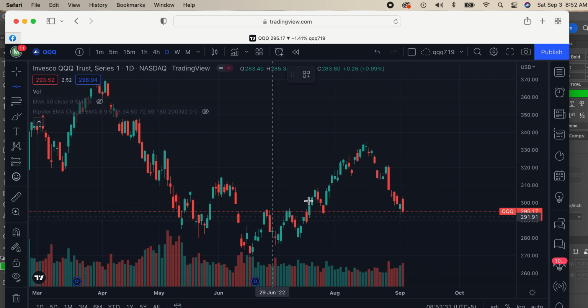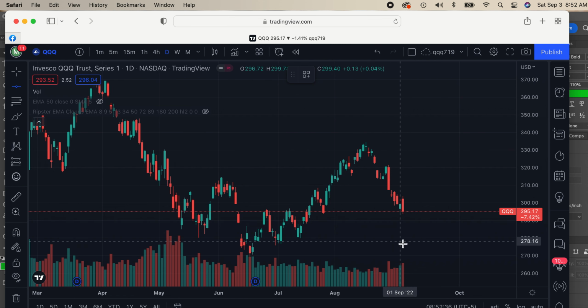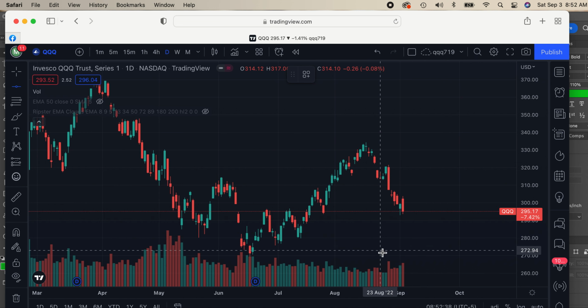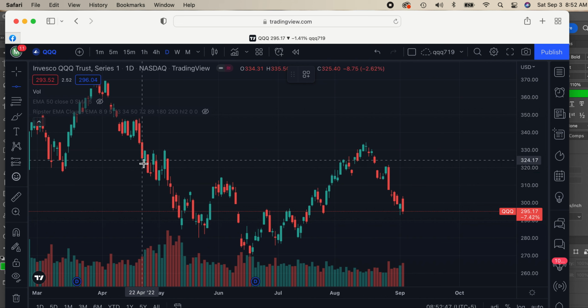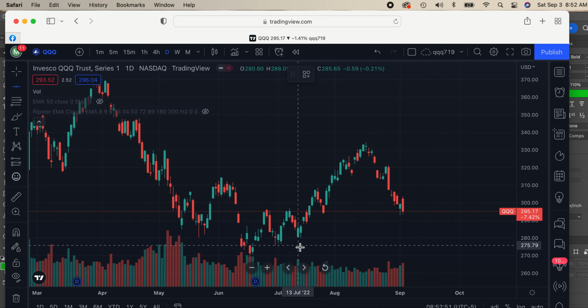That's the same thing as the market. When shares of Apple are below $150, people think that's a good deal, so they're going to buy it. Same exact philosophy.